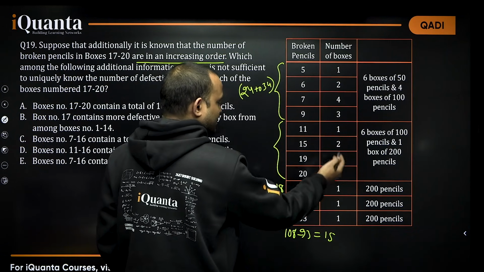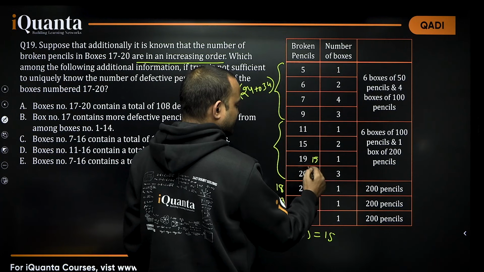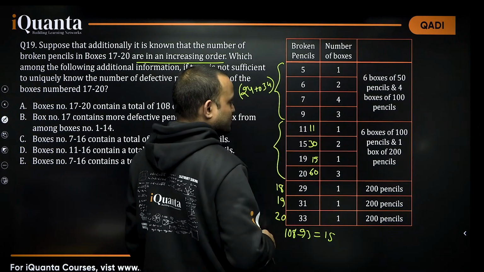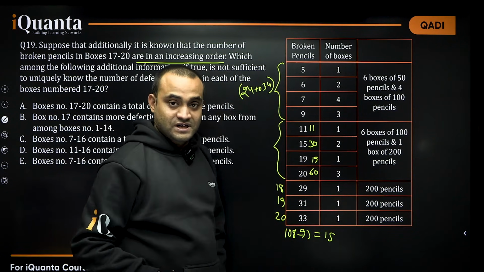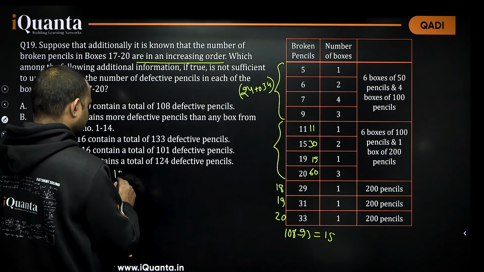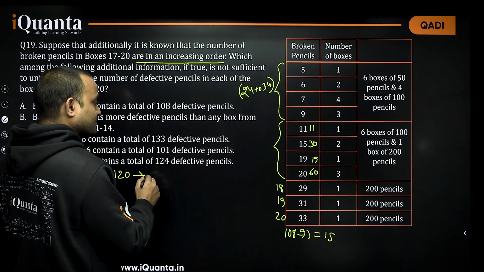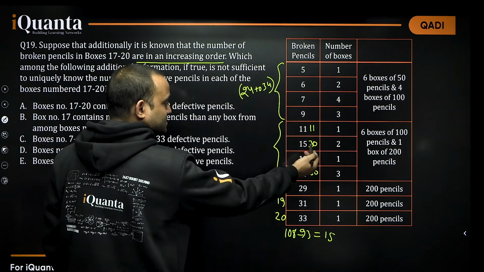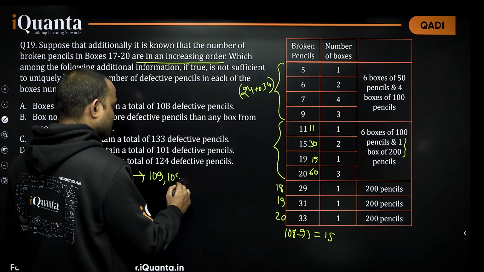So let's add the total sum. 60 plus 19, 79 plus 30, 109 plus 11, 120. 120 when I am taking all the 7s, but if I remove one box which contains 11, it will be maximum 109. If I remove one box which contains 15, it will have a total sum of 105.